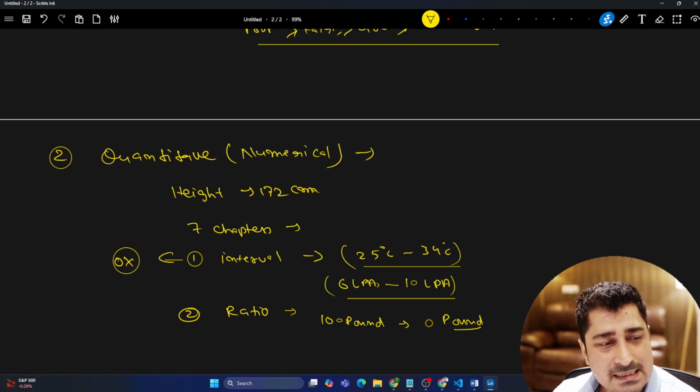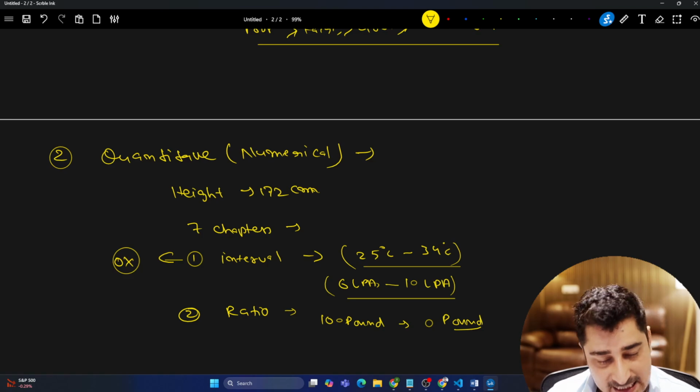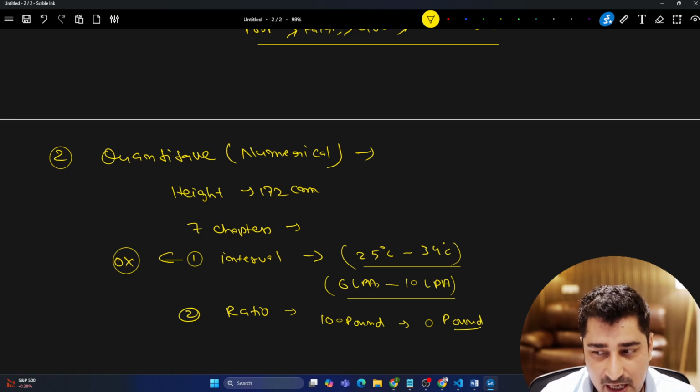Now, inside this quantitative data, you will be able to find two different kinds of categories. What kind of categories? There is something called continuous and there is something called discrete. Now, where do discrete and continuous fall into the picture?